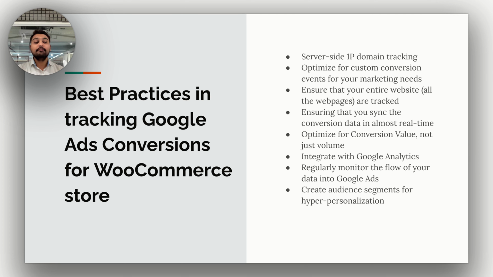And today, if you do not implement server side tracking with 1P domain, you will be losing a lot of data that is very much valuable to your business and which helps the ad platform train better. So if you want to leverage the Google Ads potential to the maximum, you have to set up server side 1P domain tracking and send all the data on the server side without any signal loss.